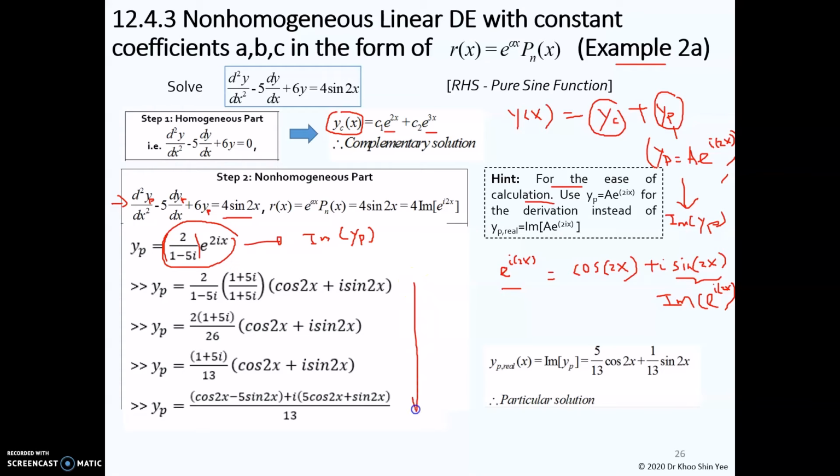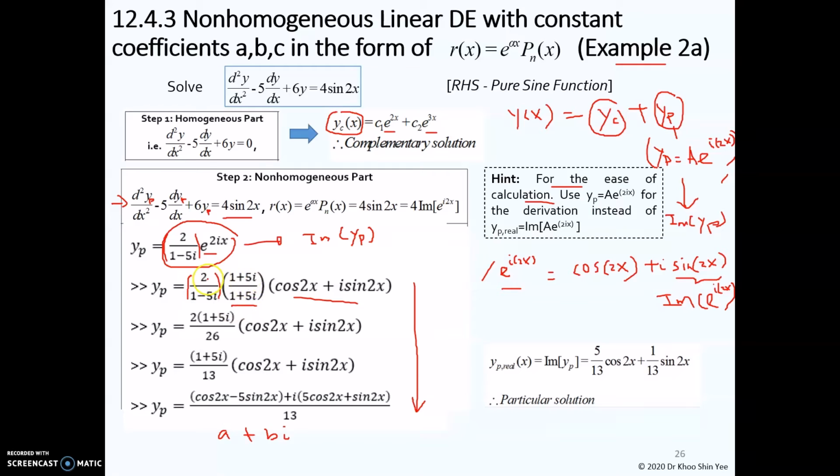Therefore, we continue the derivation until we get the format where you have the real part plus your imaginary part. This can be done by substituting the exponential 2ix equal to cos 2x plus i sin 2x, following the Euler formula here. And then you multiply this term with the complex conjugate.